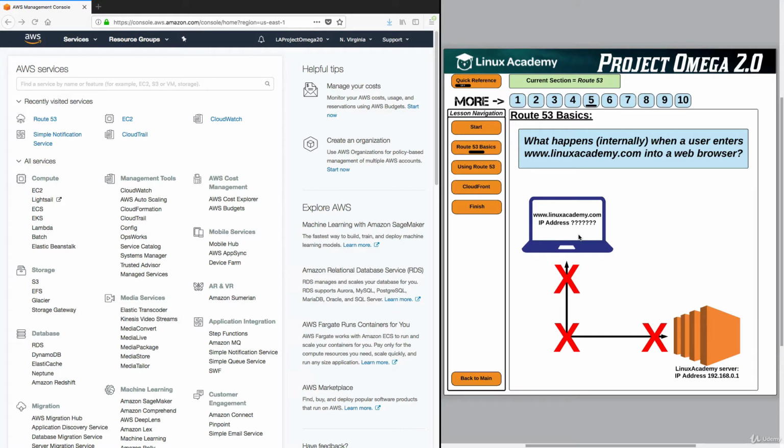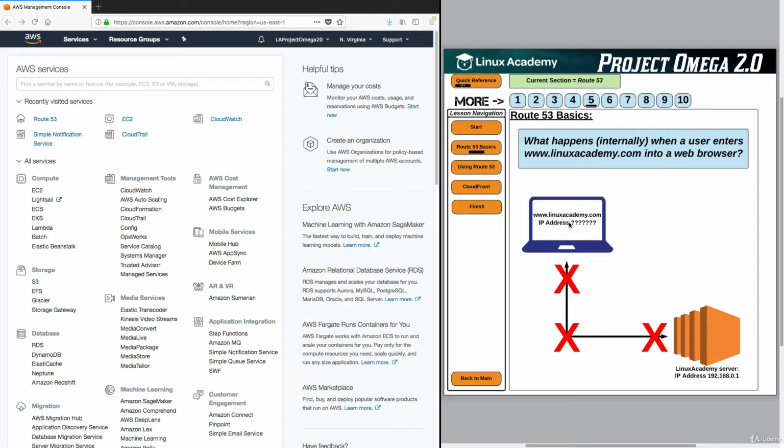So it's basically the same process here. We have a name, linuxacademy.com, and we have an address. So this computer needs to determine what the address is for our Linux Academy server. But if you think about it, there's such a large number of domain names that exist on the internet. There's no way that our computer could keep track of all of those addresses on its own.